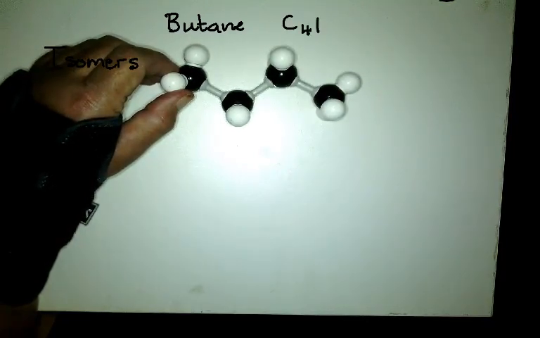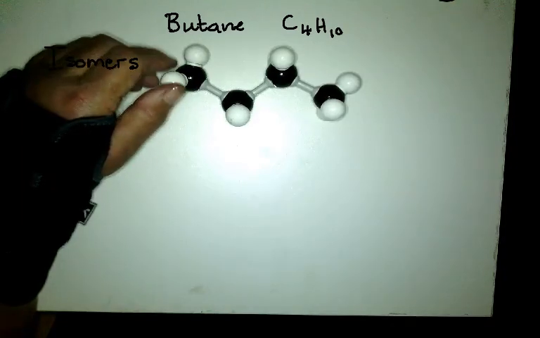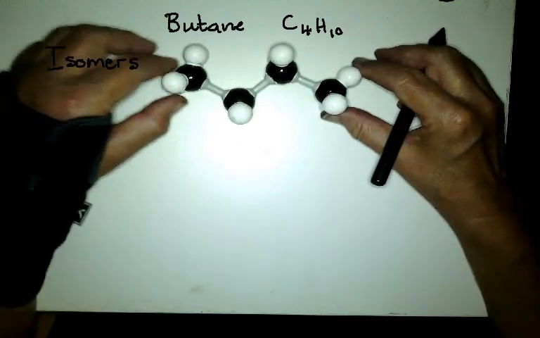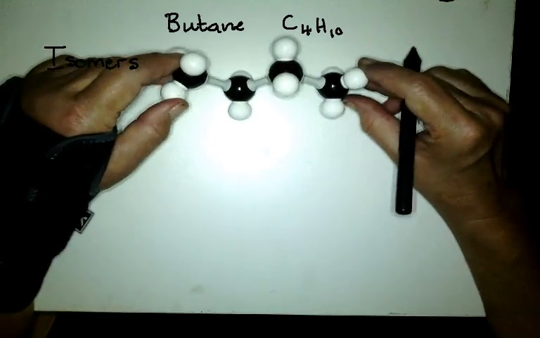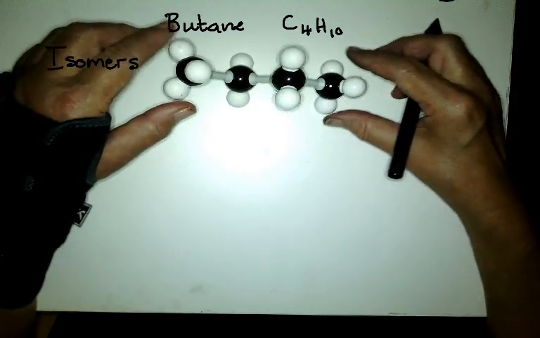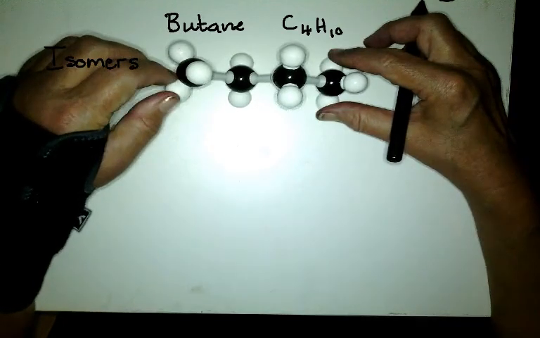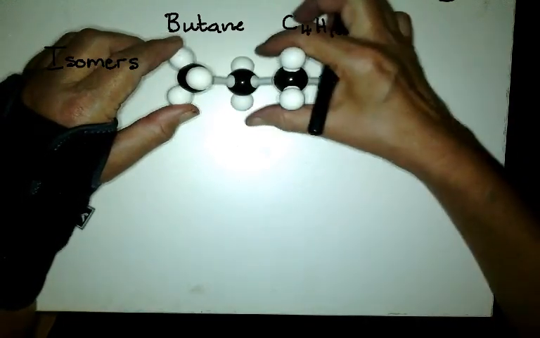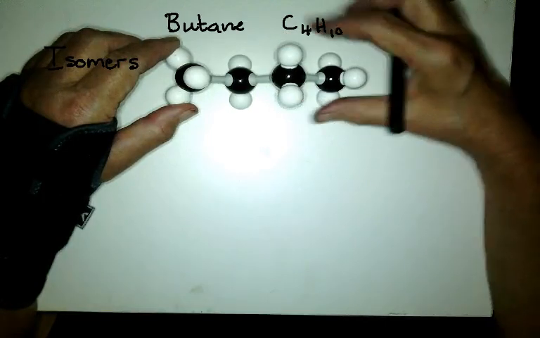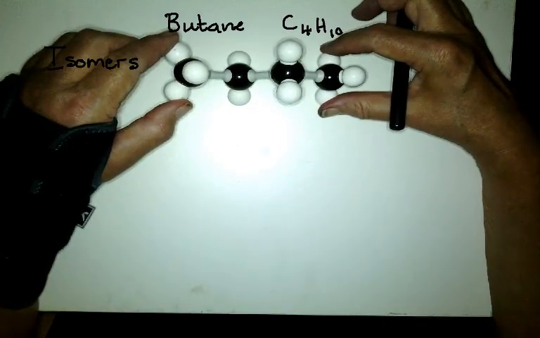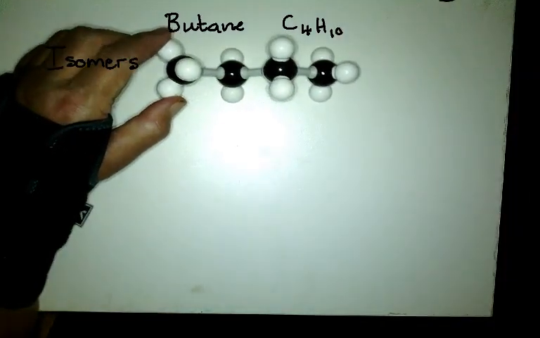So C4H10 is the general formula or the molecular formula for butane. You can see when I turn the molecule like that, the first carbon's got 3 hydrogens to it, the second carbon's got 2, the third carbon's got 2, and the fourth carbon's got 3 hydrogens joined to it.